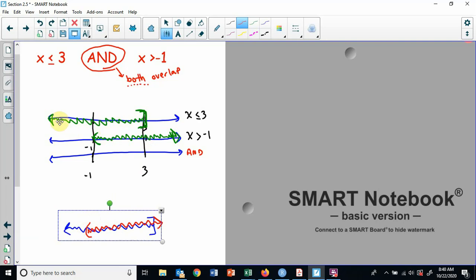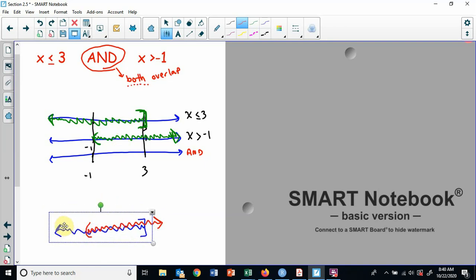Where are they both happening? Are both of these lines shaded on the left? No. In the middle here, are both of them shaded? Absolutely. So since both of them are shaded in the middle here, just like when I smushed my lines together, wherever they both have graph, wherever they both overlap, that is our answer spot.